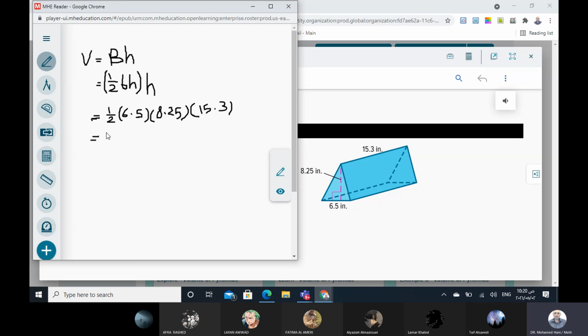So the last answer will be 410.23. Now who can tell me what is the unit here?